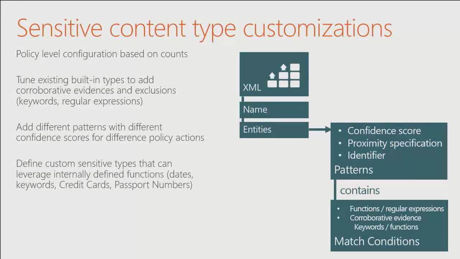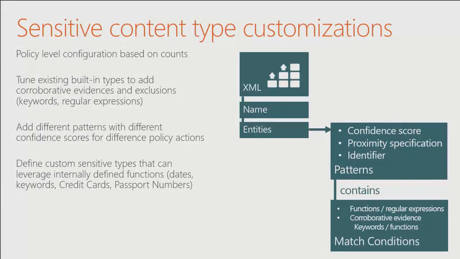And then we also offer the ability to configure different confidences for the patterns. You'll see this later, but what this really allows you to do is for types that are very much relying on a lot of corroborative evidence, you may have levels of matching where if I've matched these 2 types of corroborative evidence, I will feel pretty good that this is the right thing.